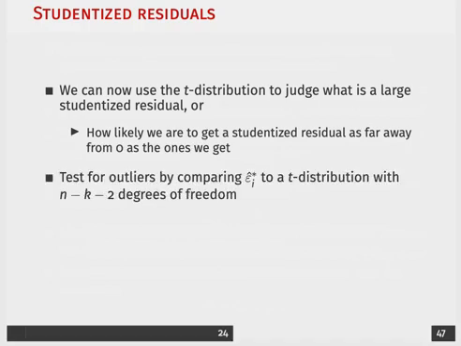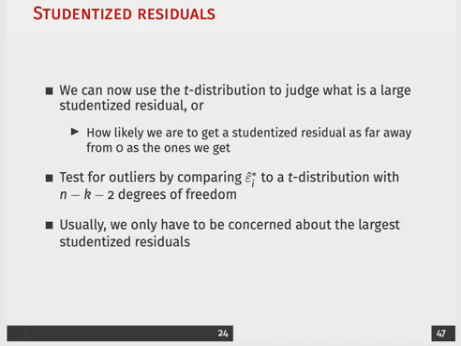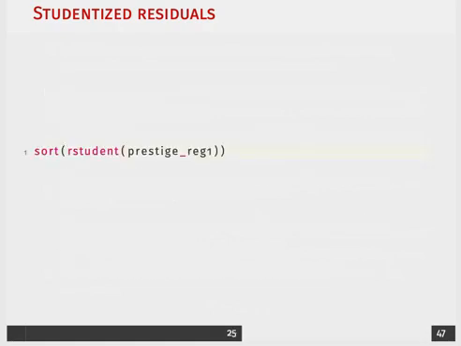This way, we can more concretely test for outliers by comparing each of these studentized residuals to a t-distribution, and here I'm just listing what the degrees of freedom are so you know. Usually we only have to be concerned about the largest studentized residual, so perhaps we need to take a closer look at those observations that have studentized residuals with an absolute value over 2.